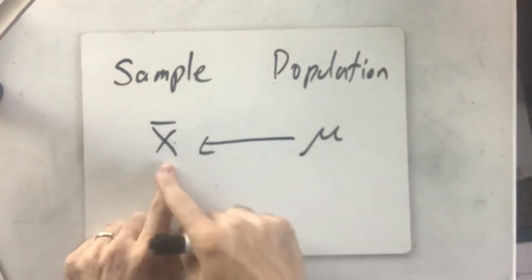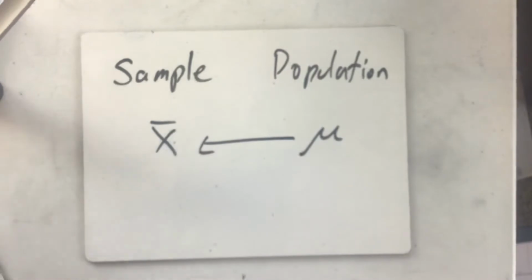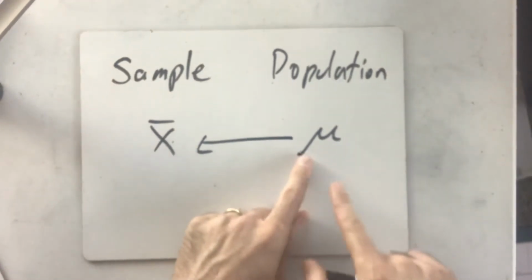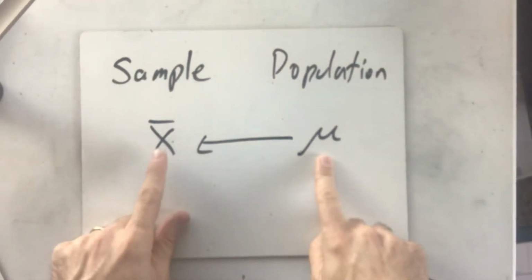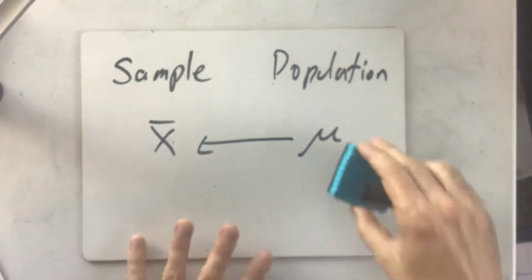You're trying to detect, did your medication in fact improve over what normally happens, or does it stay about the same as what normally happens? If you're a business and you have a certain amount of revenue that you know you can count on month after month, and you try something new, you want to detect, did that something new make your sample different than what you expected, or is it behaving the exact same as expected?